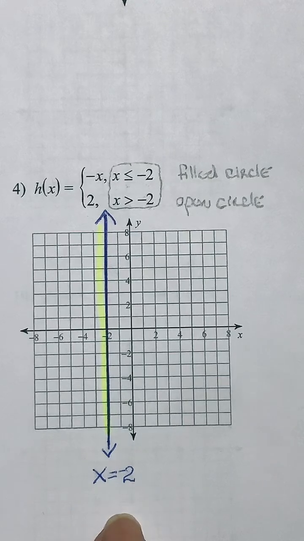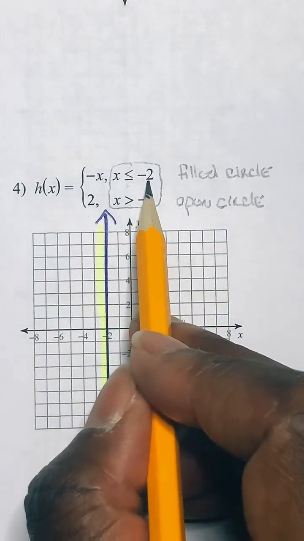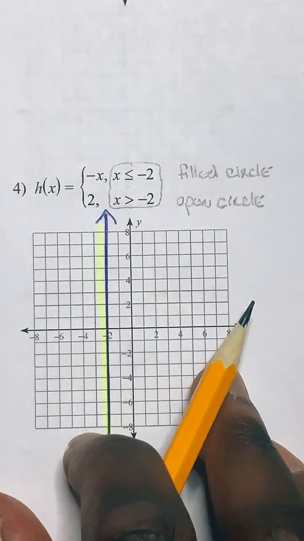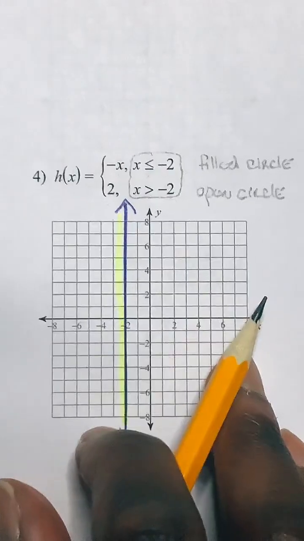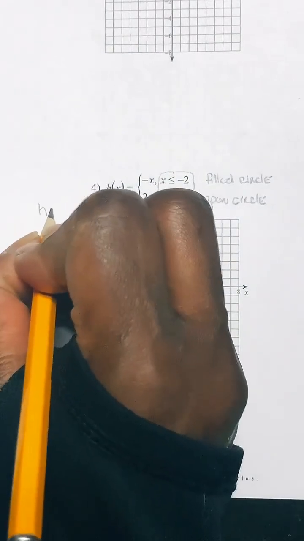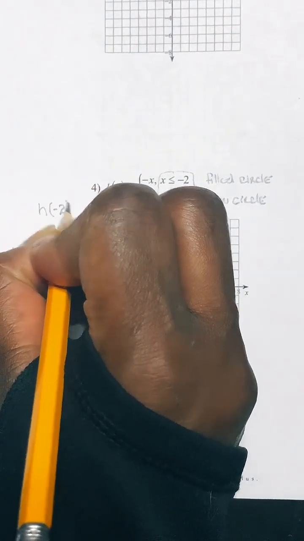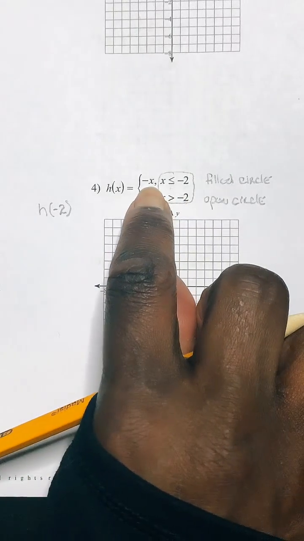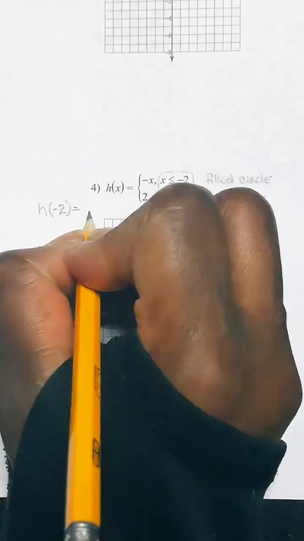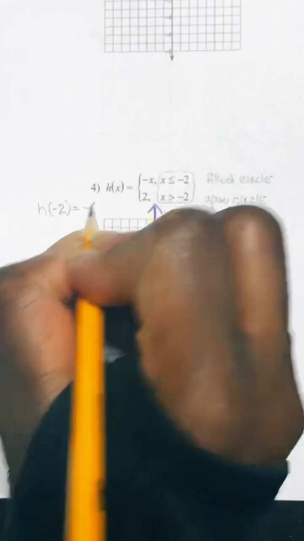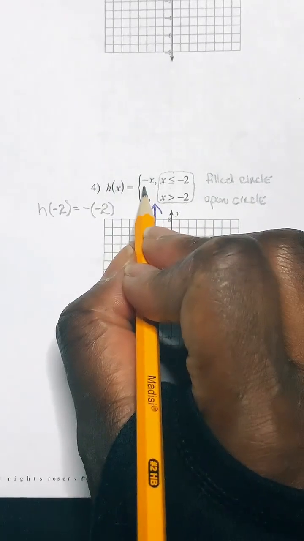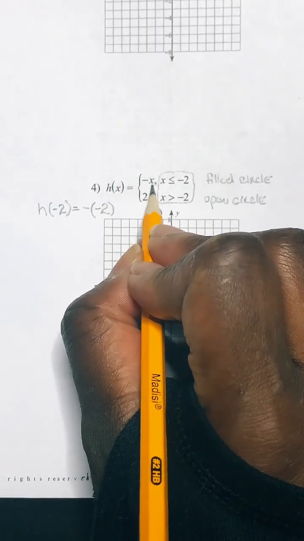So when we take a look, here we go, at the -2. In order for me to find out what is happening, I'm going to see if I can unzoom just a hair. I'm going to look at when h is -2. Okay, and I'm going to do this for that first expression. So I'm going to say h of -2. Then I have a negative, but I'm going to substitute this -2 in for the x value because my expression says a -x.